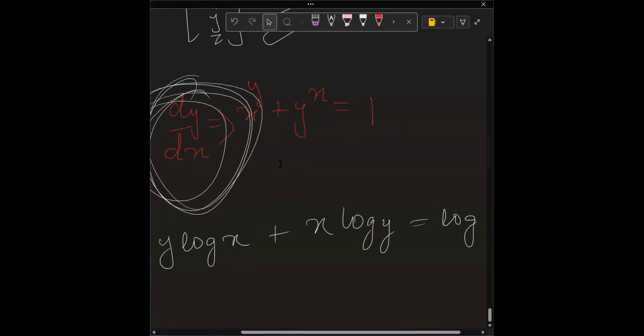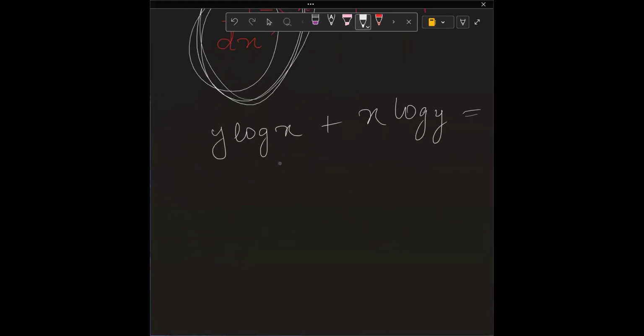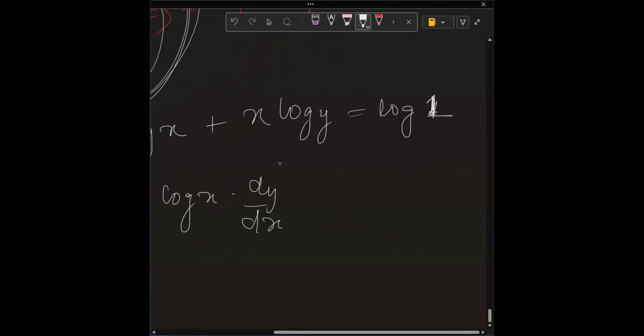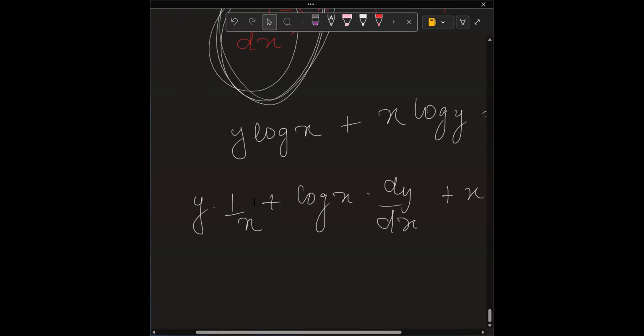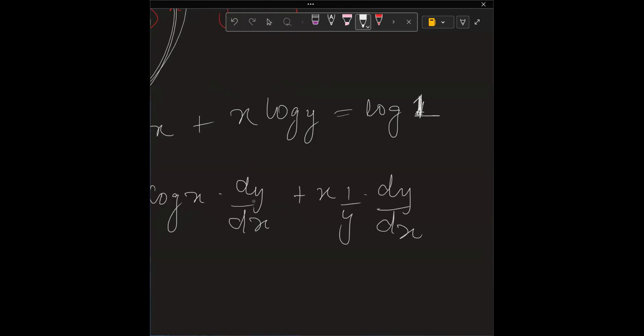So now differentiate. डिफरेंशिएट जब मैं करूंगा तो y को मैं निकालूंगा. log x का डिफरेंशिएशन 1/x प्लस log x को मैं बाहर निकालूंगा. y का डिफरेंशिएशन क्या होता है? dy/dx. नाउ सेम फॉर y, x log x, x log y. x को बाहर निकाला, इसको 1/y एंड y का अगेन dy/dx. ऑलराइट. एंड टेकिंग log y कॉमन, log x का डेरिवेटिव दैट इज 1.